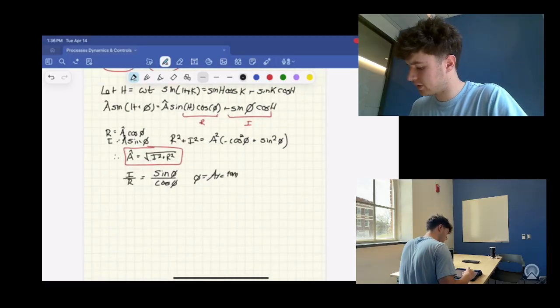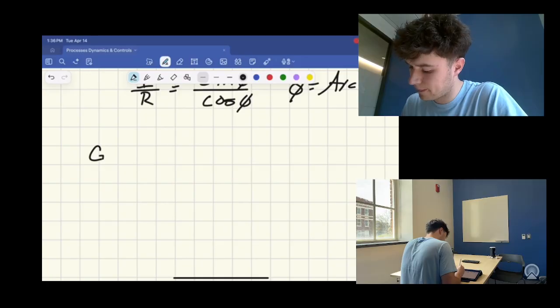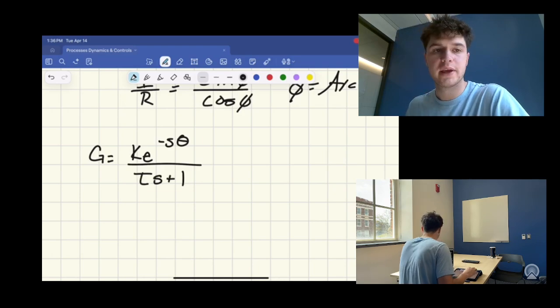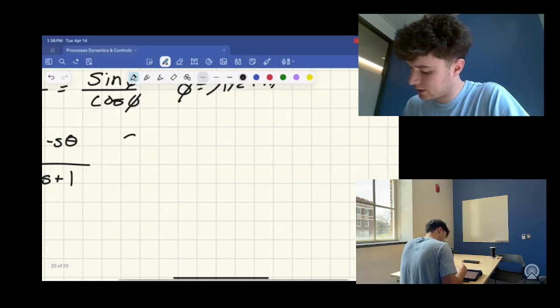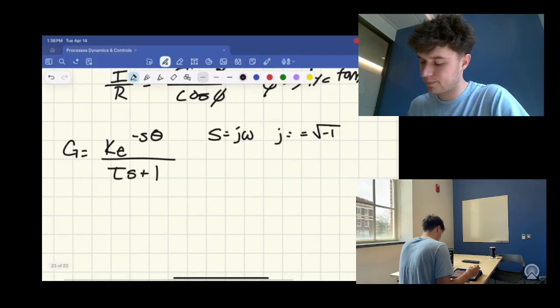So we're going to start with this new equation for the last part of this problem, which is g is equal to k e to the power of negative s theta over our tau s plus 1 value. Now, if you remember, s we know is jw, and j is equal to the square root of negative 1, which is an imaginary number.